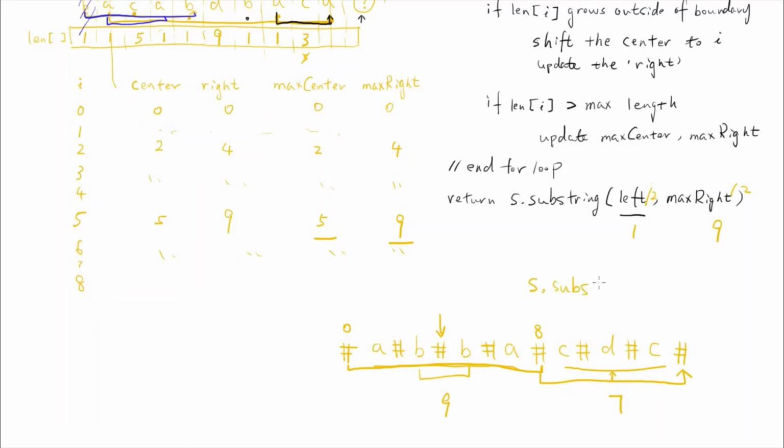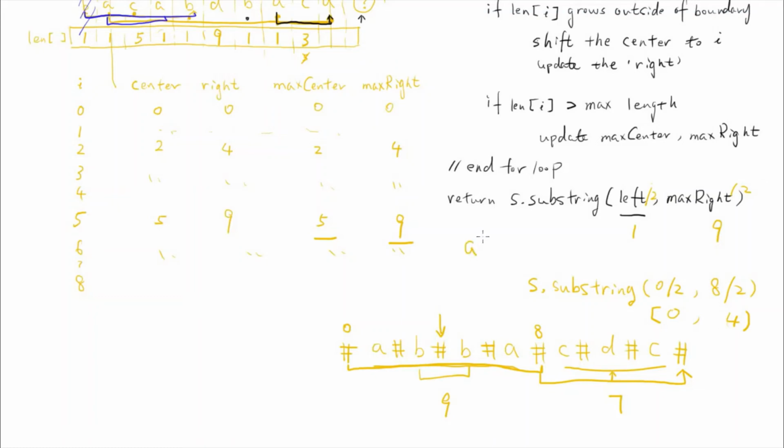s.substring 0 divided by 2, 8 divided by 2. So it gives you the index on the left 0, index on the right 4. And remember, in Java, the substring doesn't include the character on the second index, so it will return the substring from 0 to 3.